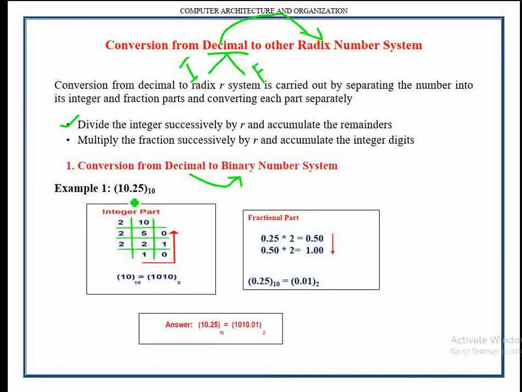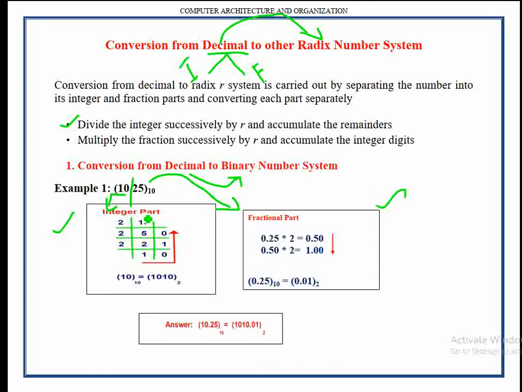So what is the first step to perform this operation? The very first step is that we have to separate the given decimal number into two parts: one is the integer part and the other is the fractional part. After separating them, we have to handle them separately.